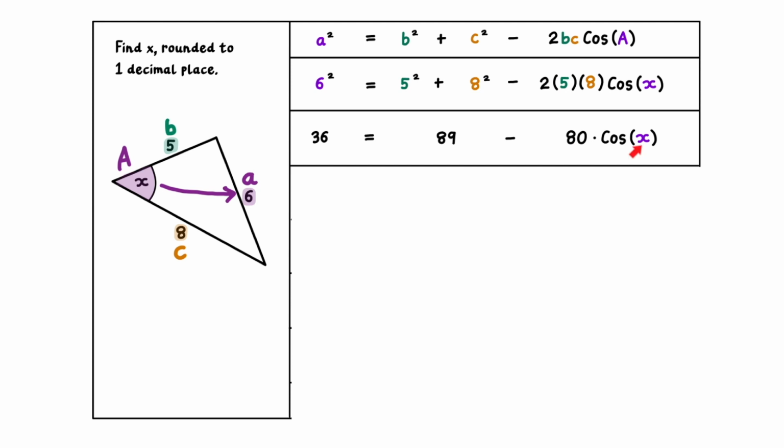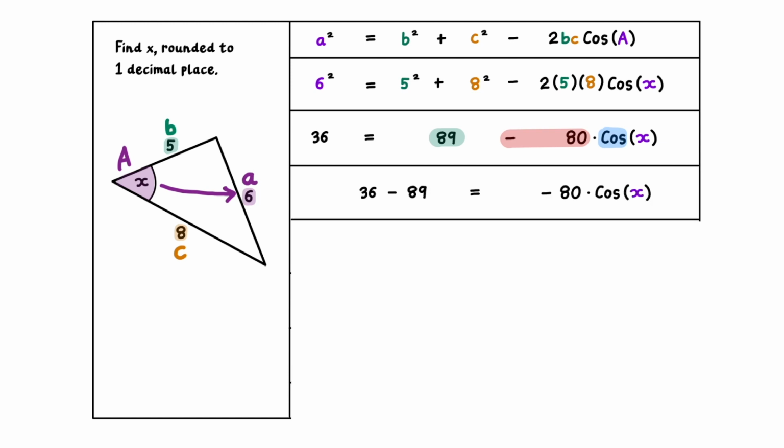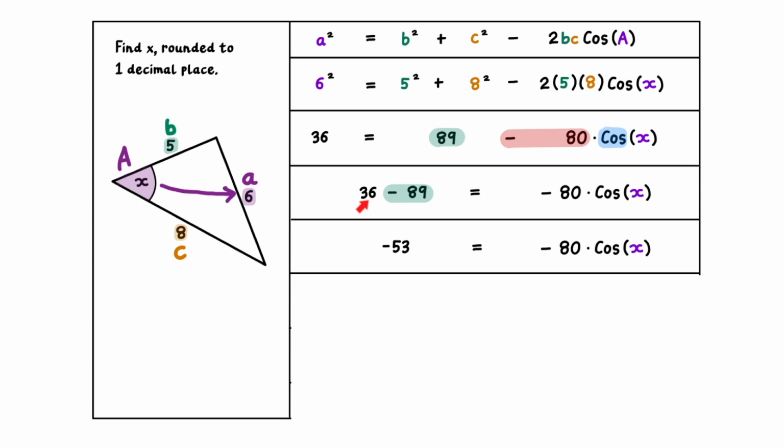Now, to isolate the x, there's 3 layers we need to strip away. The cosine function, the multiplication of minus 80, and the addition of 89. To remove the addition of 89, we should subtract 89 from both sides. On the left, 36 minus 89 simplifies to minus 53.